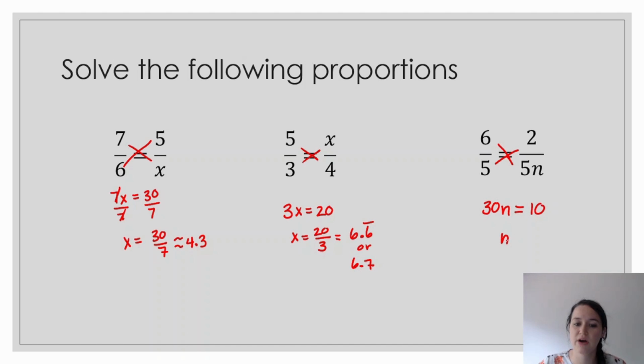So I'm going to divide both sides here. I'll write out the steps. I apologize if I get a little shorthanded. So I have n equals 10 over 30, but I can simplify that to 1/3, which is, again, 0.3 repeating, or just 0.3 if you wanted to round it.